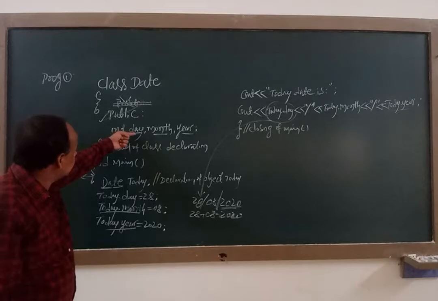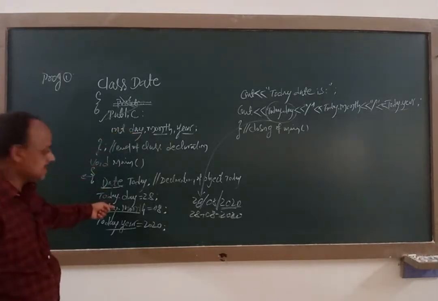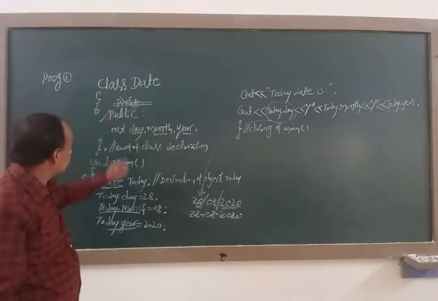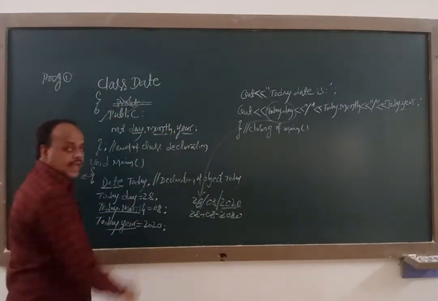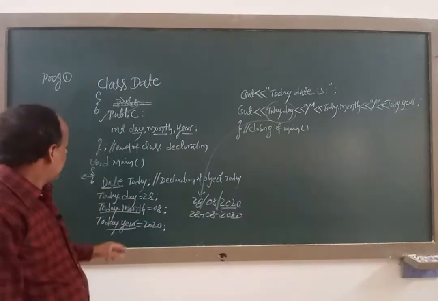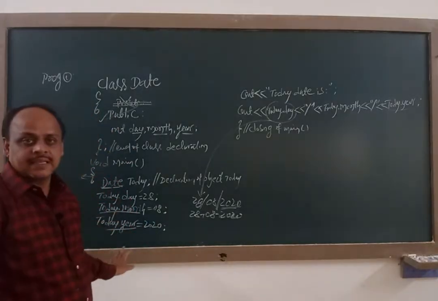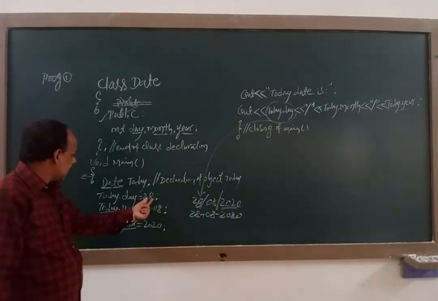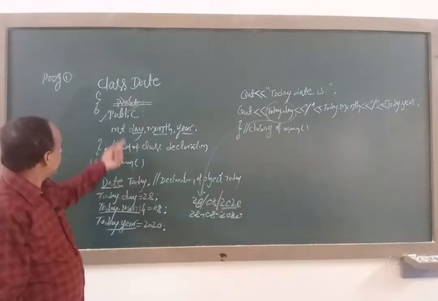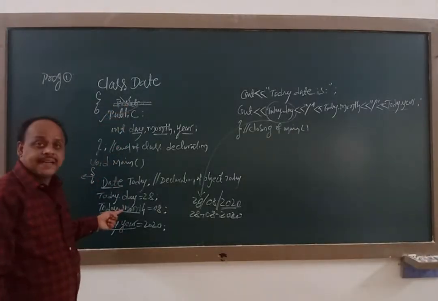But we are using these data members outside the class. Suppose we write private here, it means day, month, year are not possible to use outside the class, but we are assigning values outside the class. So we get an error.